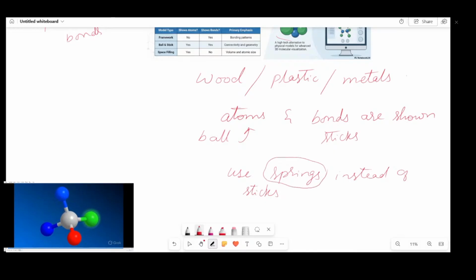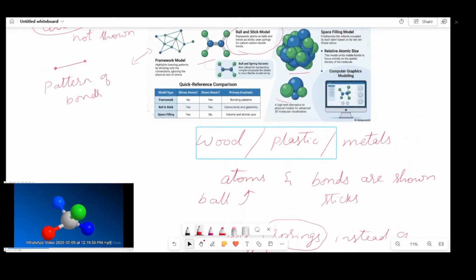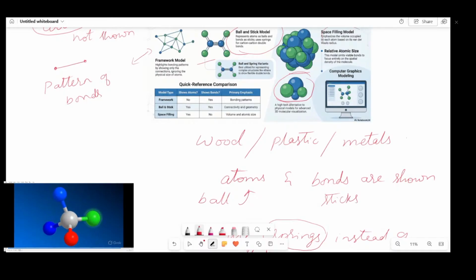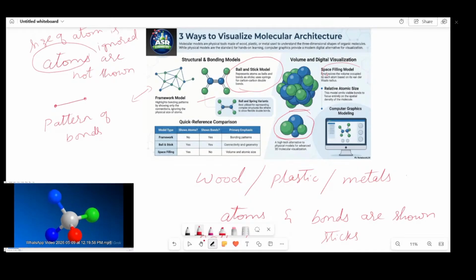Alright. Next one, space filling models. You can see here that it is a space filling model. What can you observe? Can you tell me?